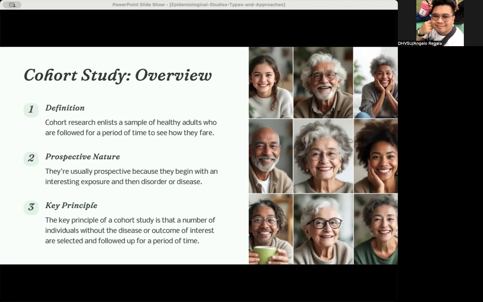The disadvantage of a cohort study is that it is more prone to selection bias. It is also not good for studying rare diseases and outcomes that have long follow-up periods.